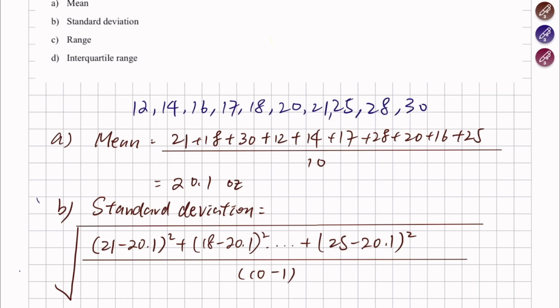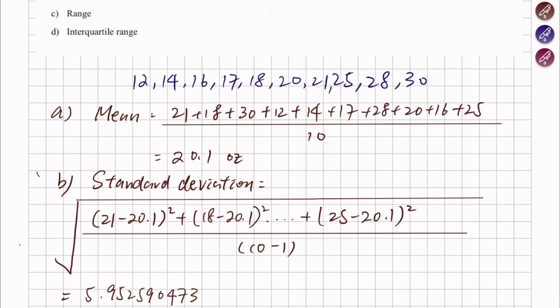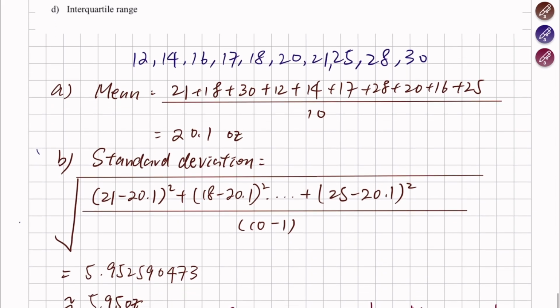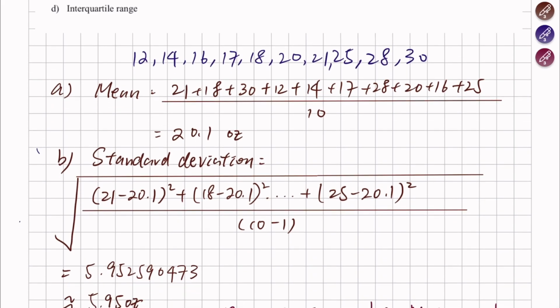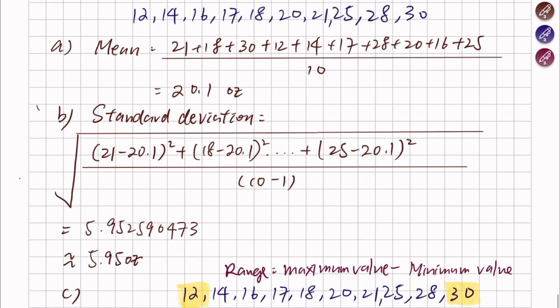Then take the square root, and the answer is 5.952590473, rounded off to 5.95 ounce.